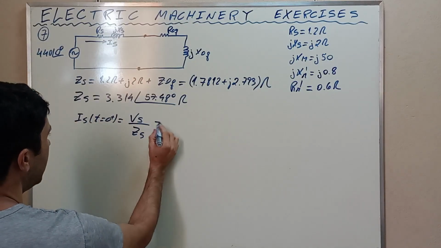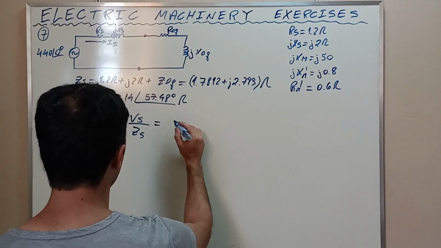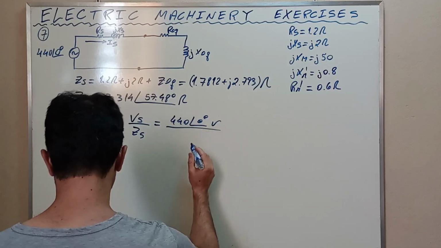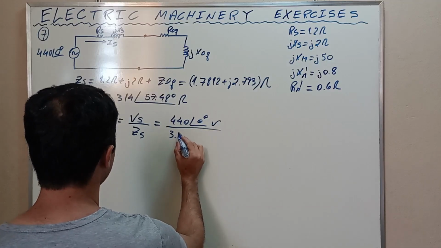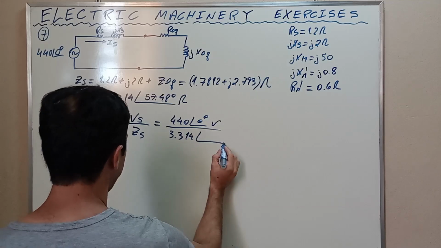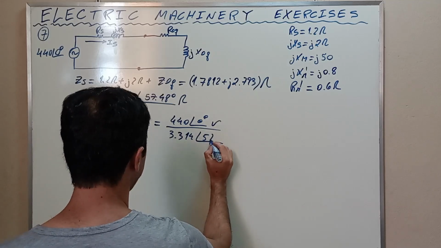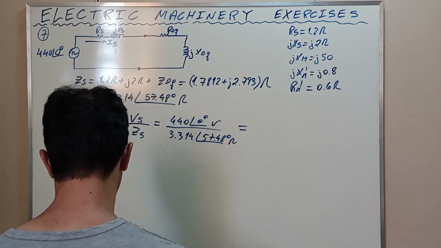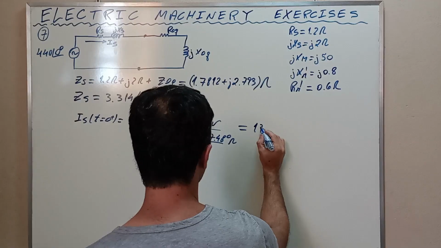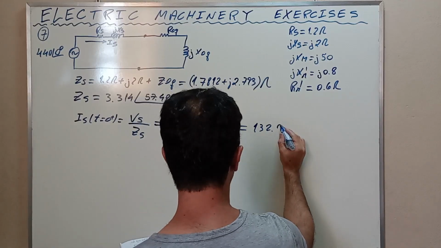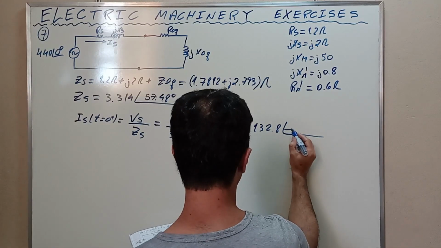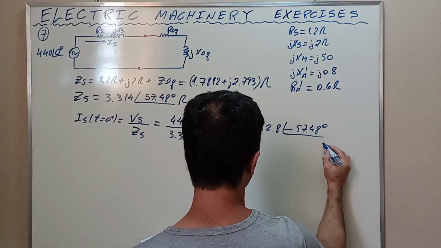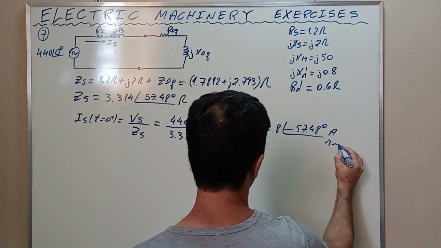This is equal to 440 at phase 0 degrees volts divided by 3.314 at phase 57.48 degrees ohms, which is equal to 132.8 at phase negative 57.48 degrees amps RMS.